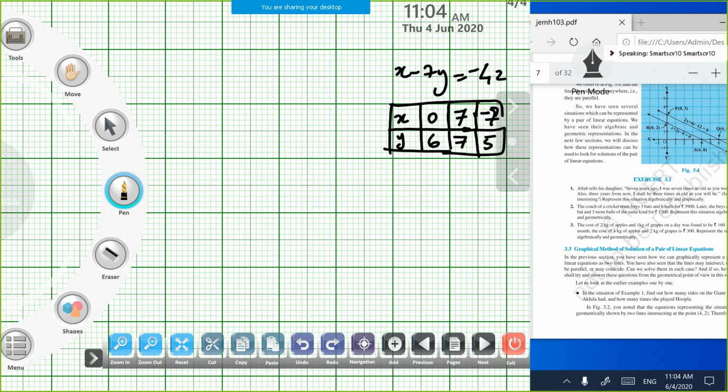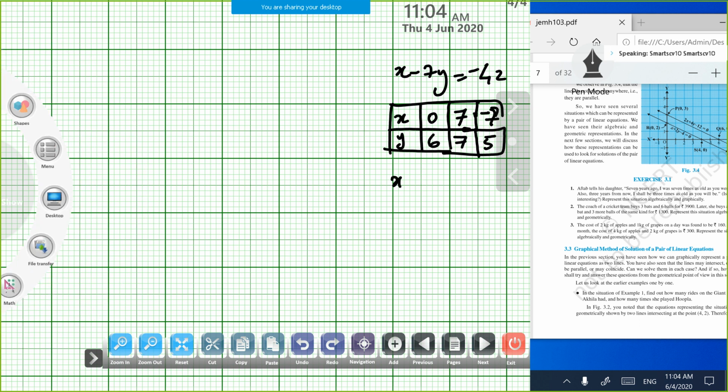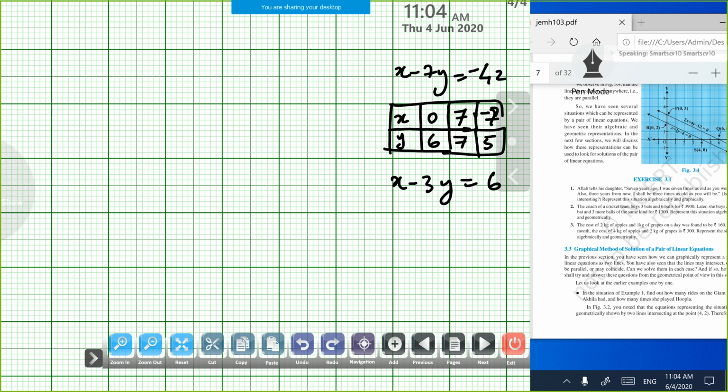Next, second equation, x minus 3y is equal to 6. Then form the coordinates. What is minus 3y?